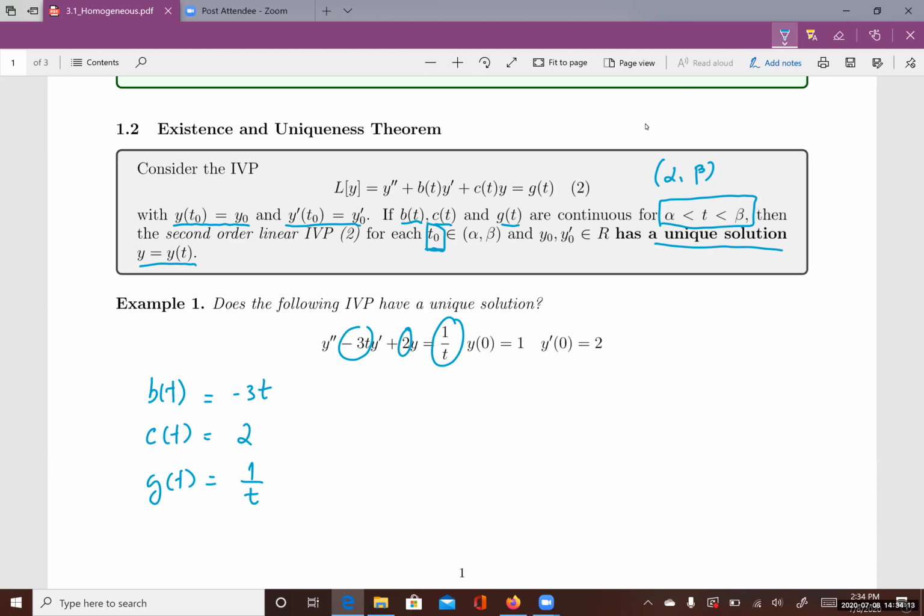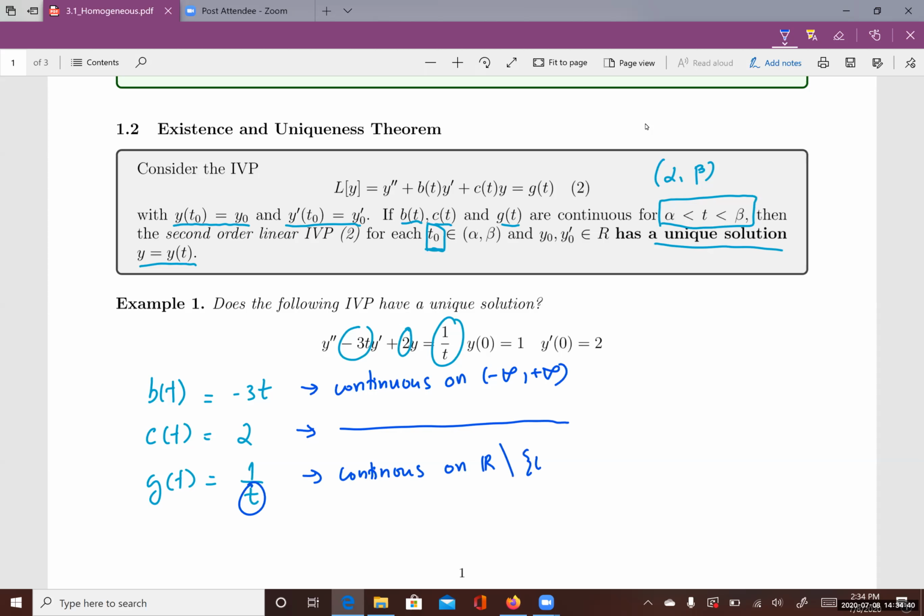Let's analyze these three functions. b of t is just a line, so it's continuous everywhere. Similarly, c of t is continuous everywhere, but g of t is continuous everywhere except at t equal to 0.